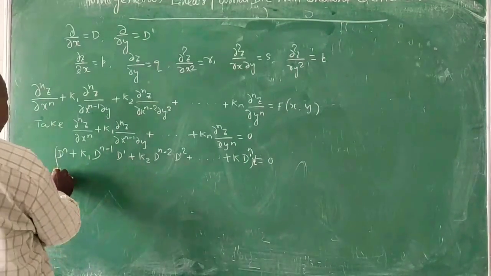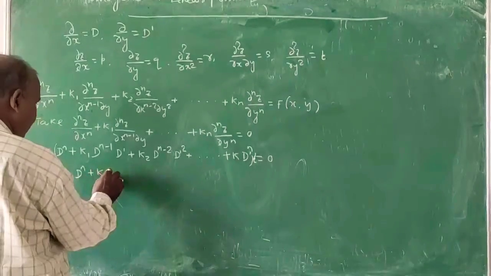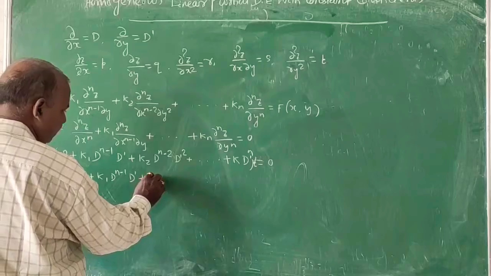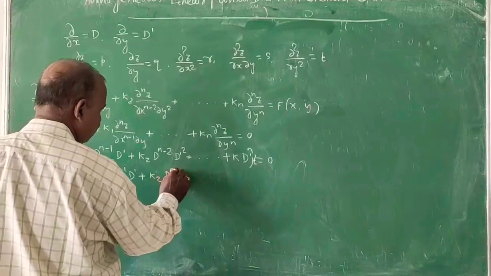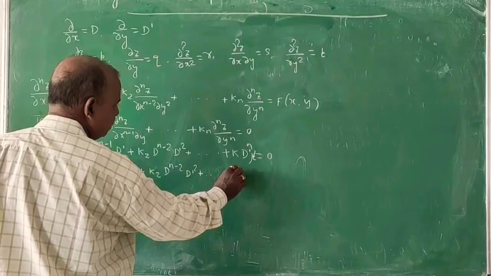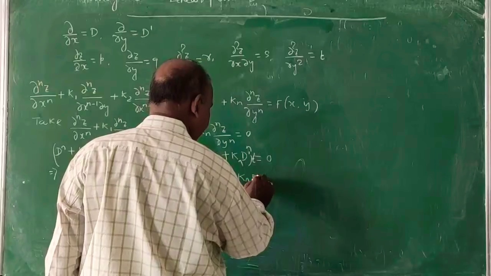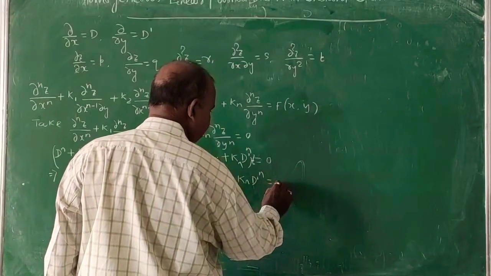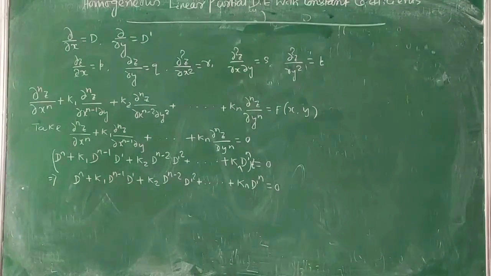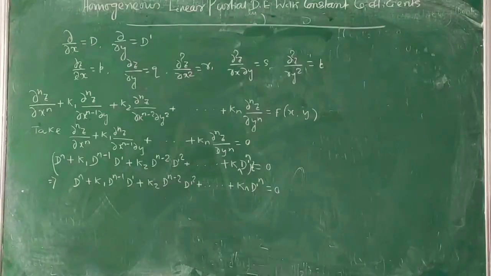Then you have D to the power n plus k1 D to the power n minus 1 into D dash plus k2 D to the power n minus 2 into D dash whole square, up to kn D dash to the power n, equal to 0. Then you divide throughout by the highest power of D dash.